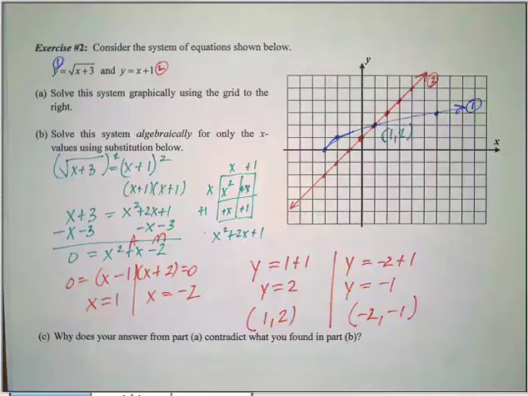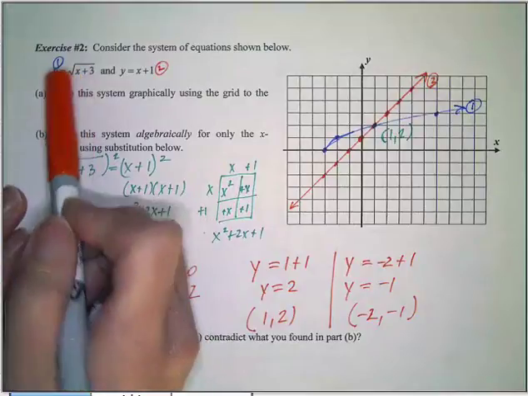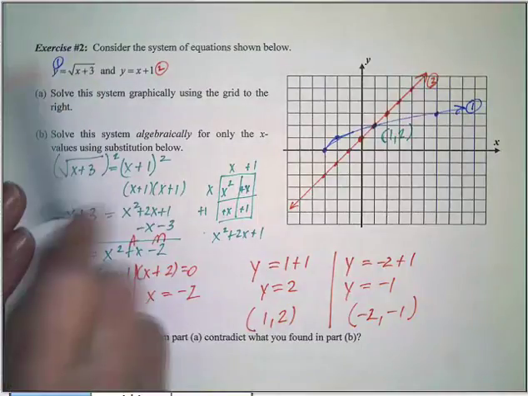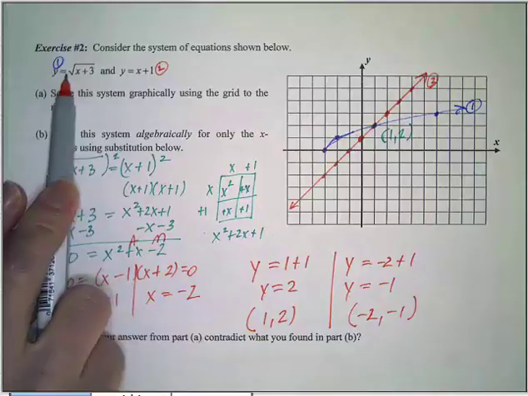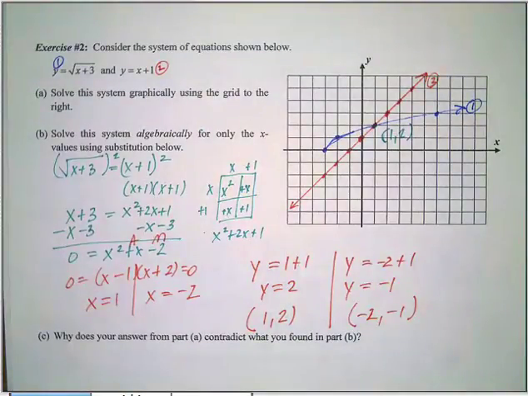Well, I used the line to find the y values. And remember, in this problem, the radical has to equal a positive number because there's nothing in front of this radical, so it needs to be positive. So y has to be positive. Well, y is clearly not positive here, so it doesn't intersect.